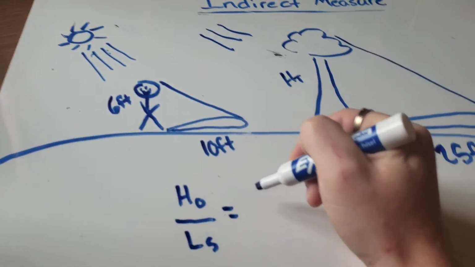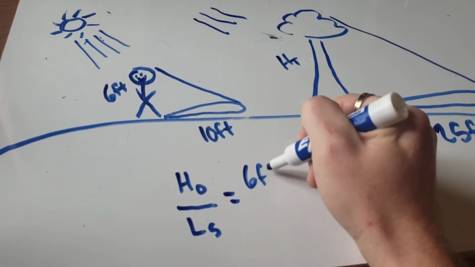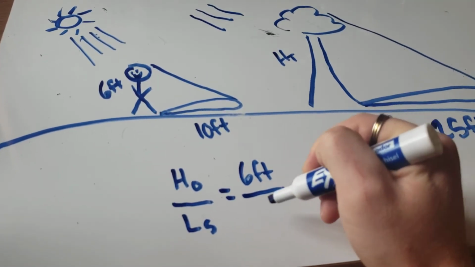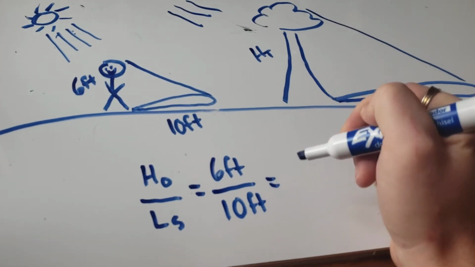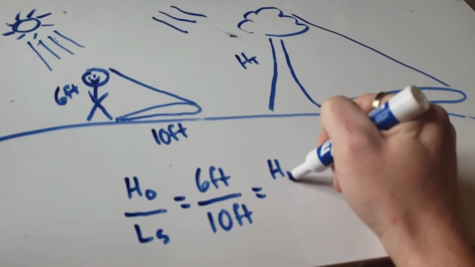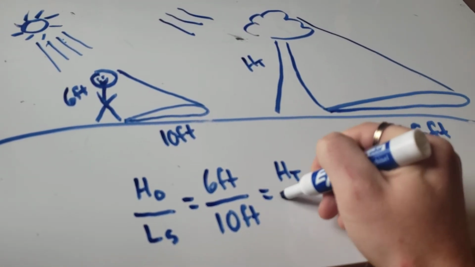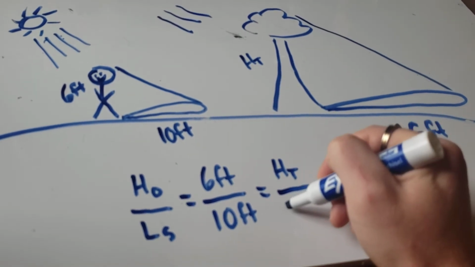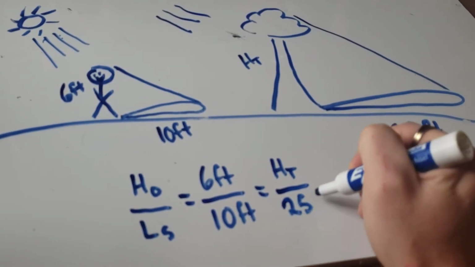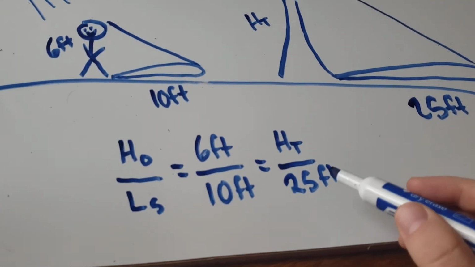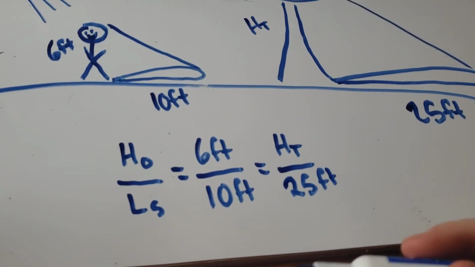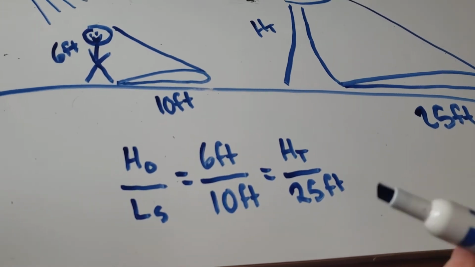So my height, 6 feet, over my shadow, 10 feet, is equal to the height of the tree, which we're trying to solve for, over the length of the tree's shadow, which is 25 feet. We now have a proportion that we can use one or two of our different methods to solve.